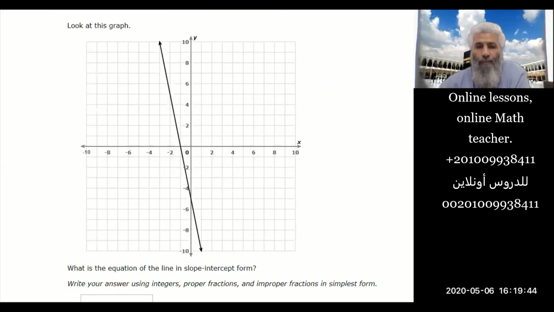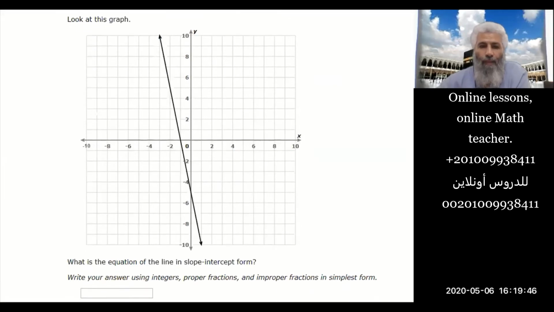Another problem. Again, b is here. What is b? This b will be equal to -5. And the slope, we can see another point. I think this point will be exact.